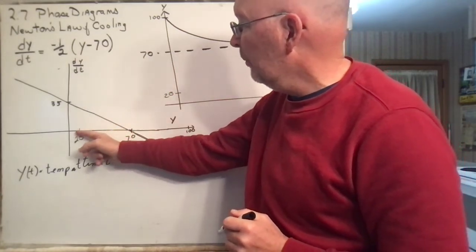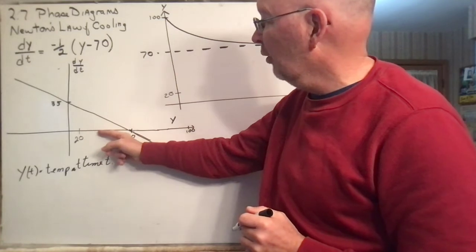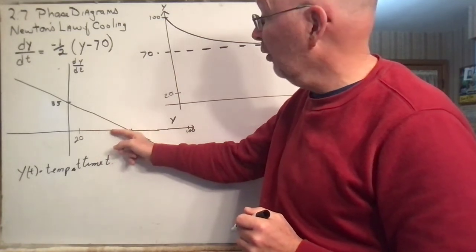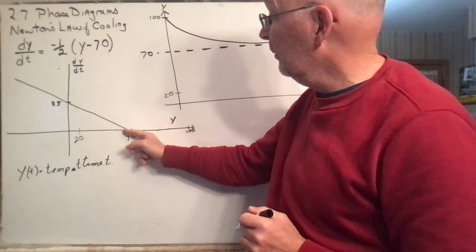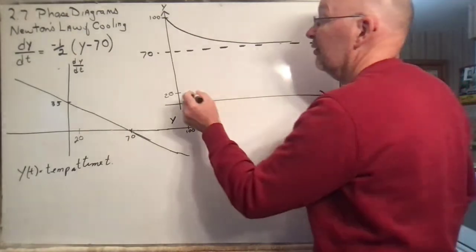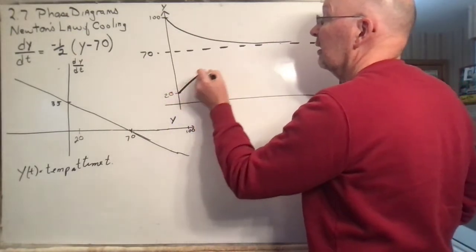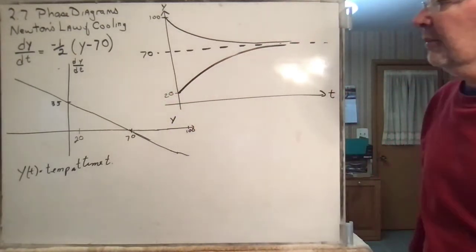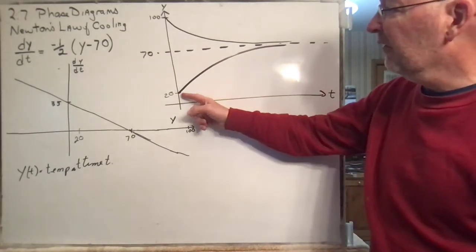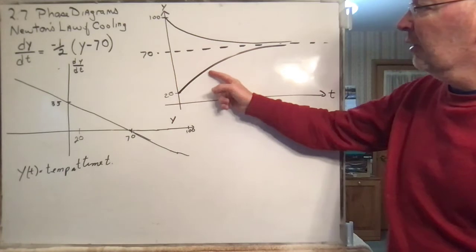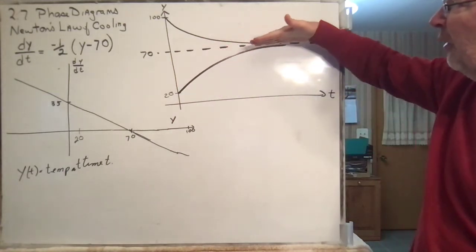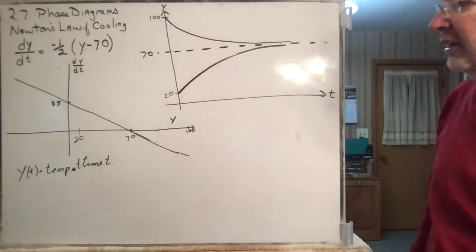I'm not moving as fast as then. I'm moving slower, increasing slower and slower, and finally getting closer and closer to 70. So this graph would look something like that. It's going to be increasing the fastest right here, and then it's going to be slowing down. The slope is going to be a smaller and smaller number as you get closer and closer to 70.